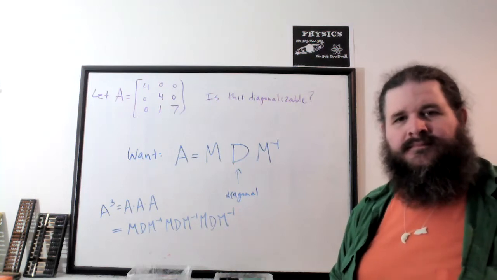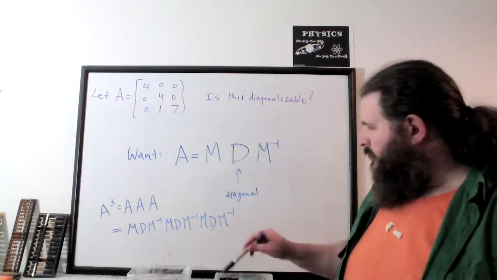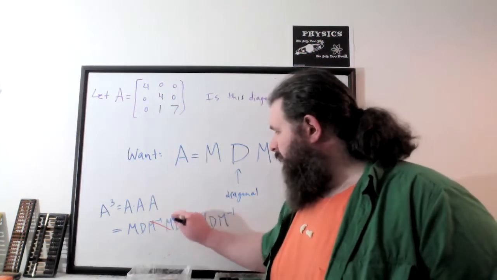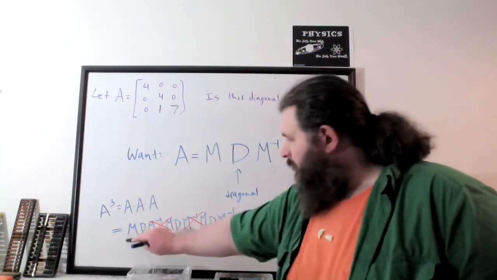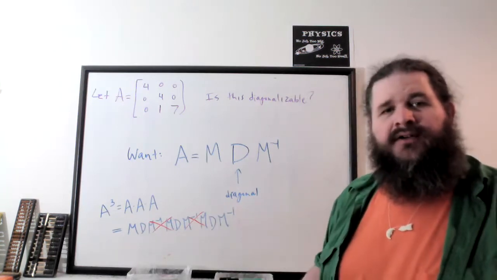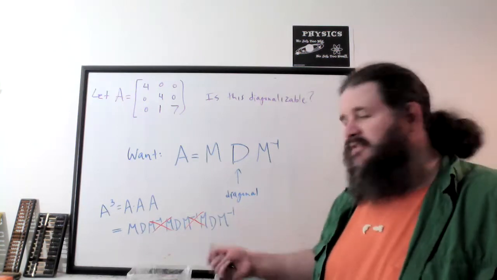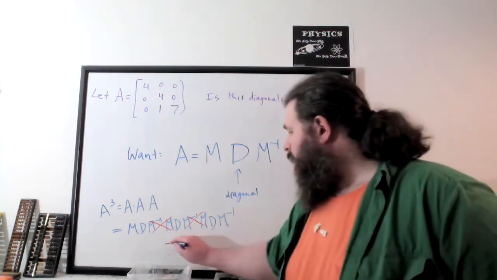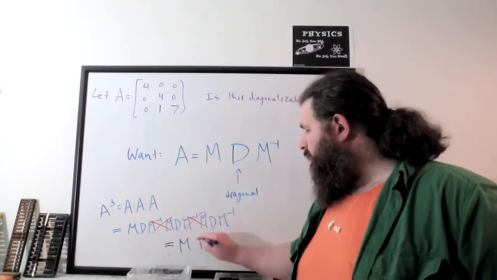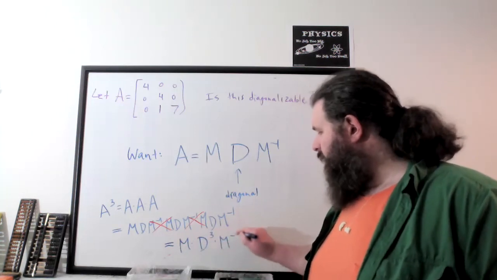M D cubed M inverse. Yeah, all those interior pairs cancel out. M inverse times M cancels out, M inverse times M cancels out. The one on the far left and far right don't cancel out because they're not adjacent, and you can't just rearrange the order because it's matrix multiplication. But you get M times D cubed times M inverse.